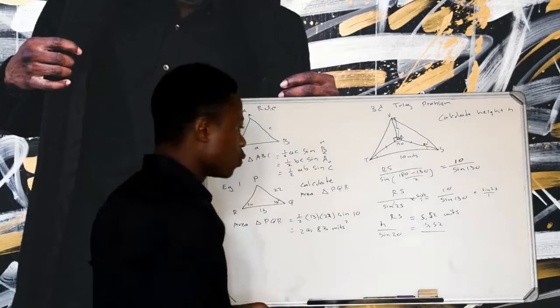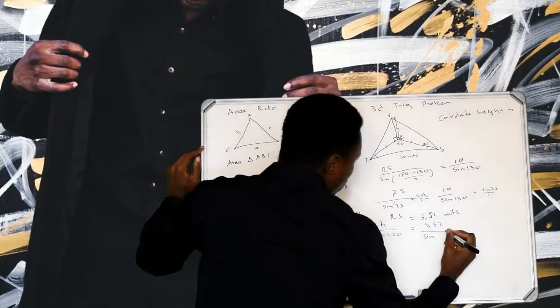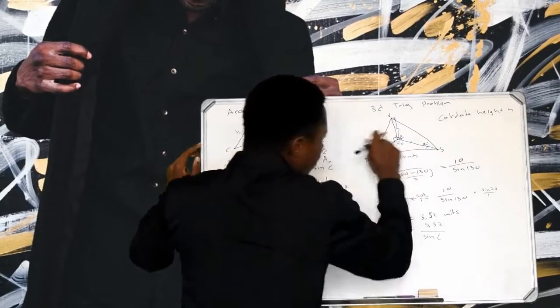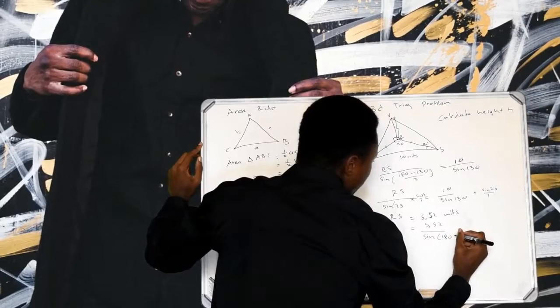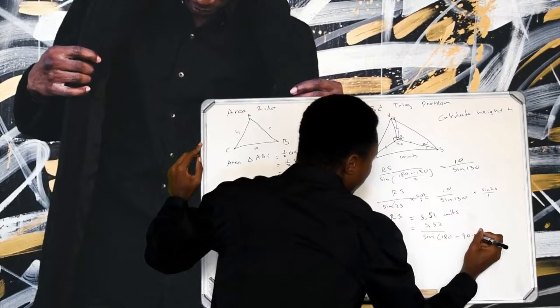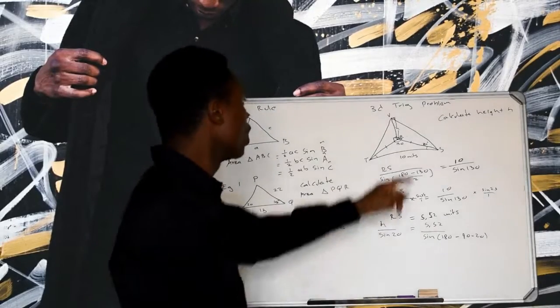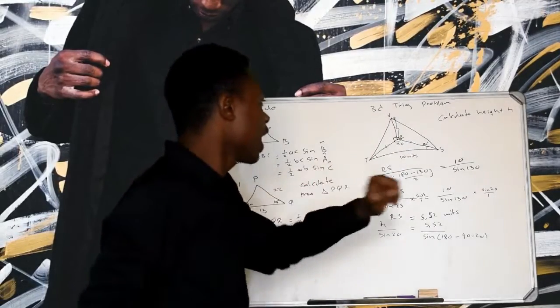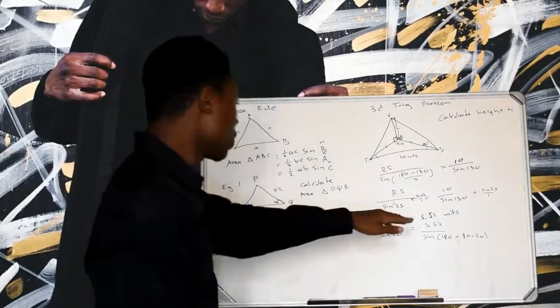RS is 5.52, right? So now what do I do? I say sine, the side that's opposite the angle that I have to use. Sine of, what was the angle on that side? It's 180 minus 90 minus 20, right? Because it's the sum of a triangle. For me to get that angle there, I had to subtract that angle and that angle there from 180.